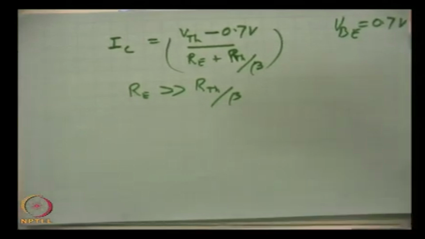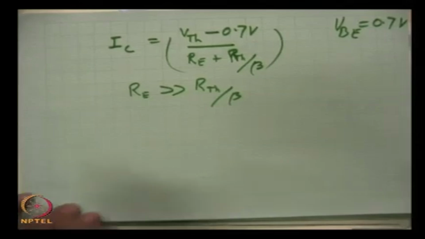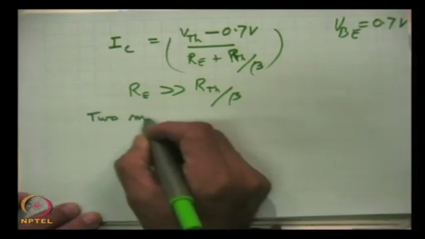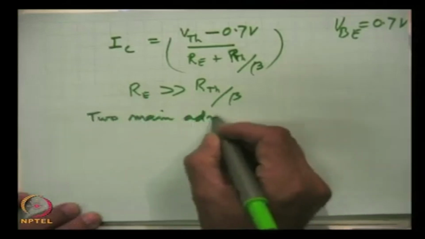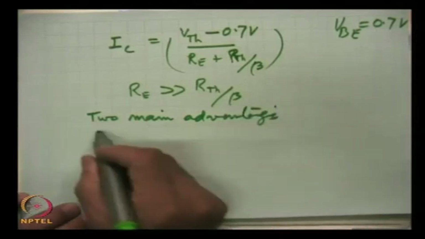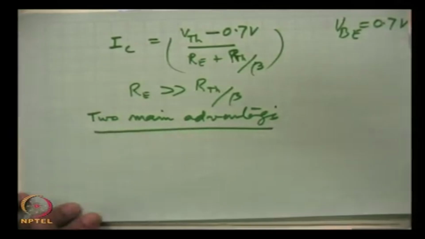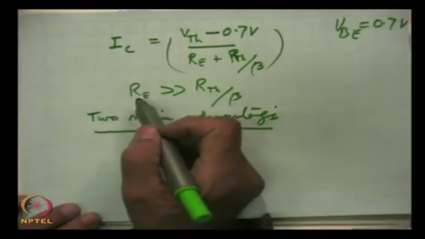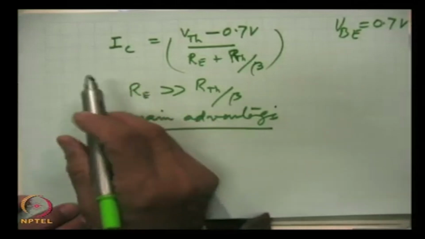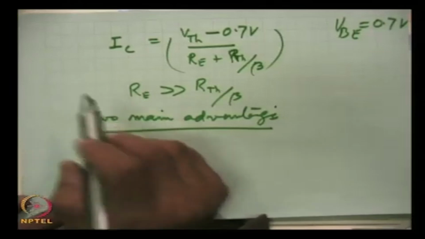I said that in self bias, the voltage divider circuit is widely used and it has advantages. I will talk about two main advantages of this voltage divider circuit compared with the single resistance RB circuit.